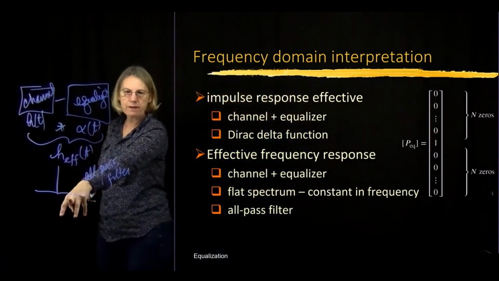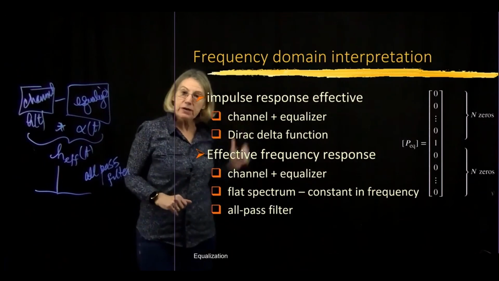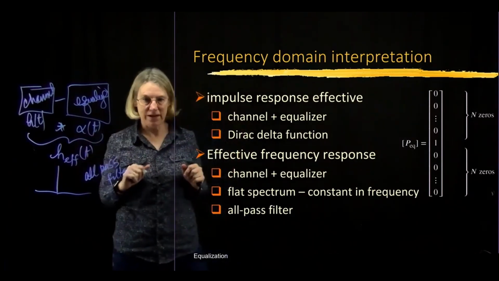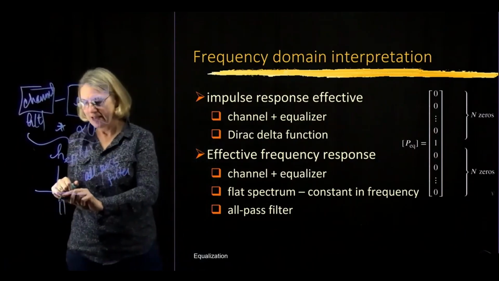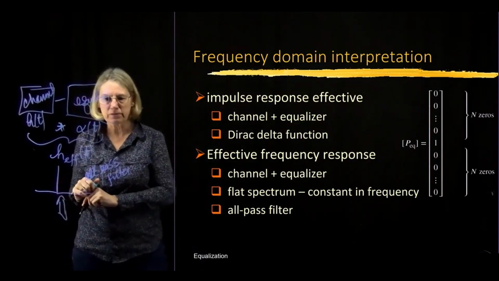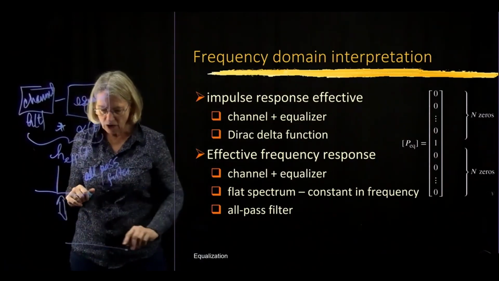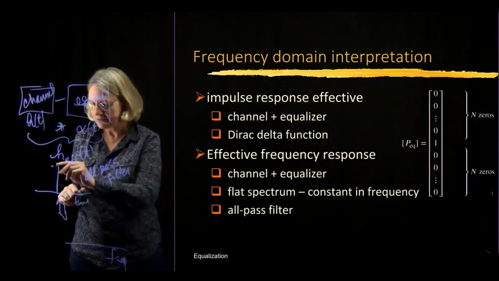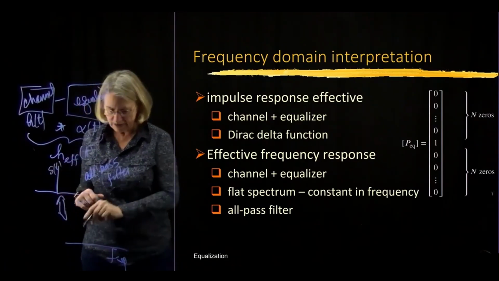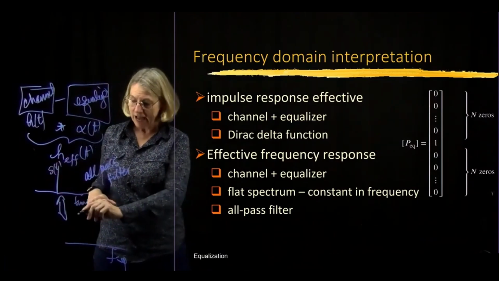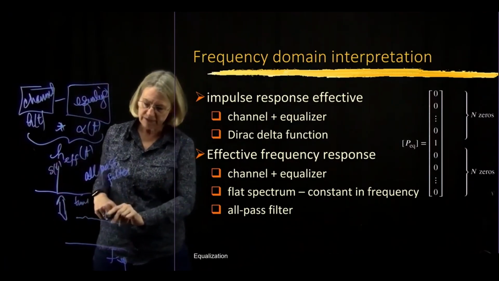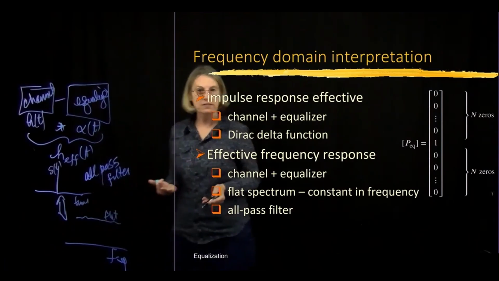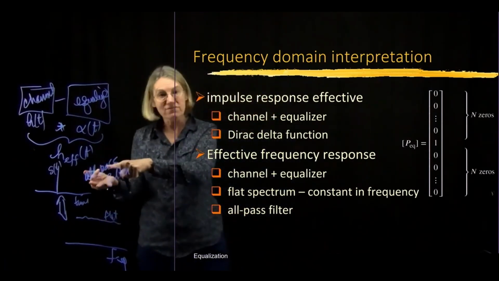This is in the time domain. What happens in the frequency domain when I have this impulse response in the time domain? Well, if I look at the Fourier transform relationship, in the time domain this is a nice delta function, and if I have a delta function, I'm just going to have something that's completely flat in the frequency response, which is an all-pass filter.